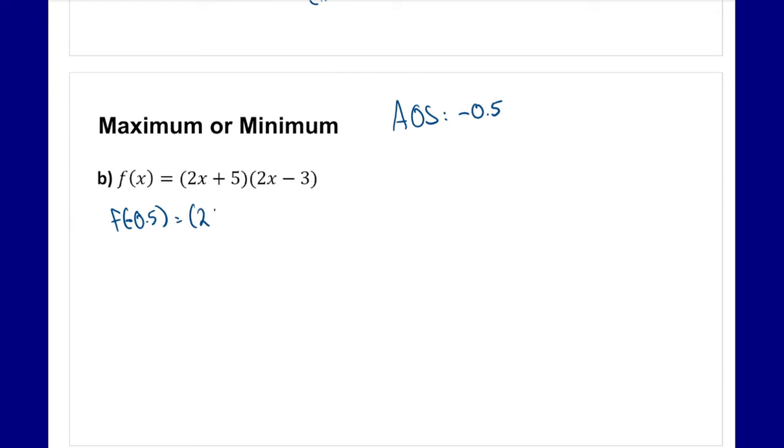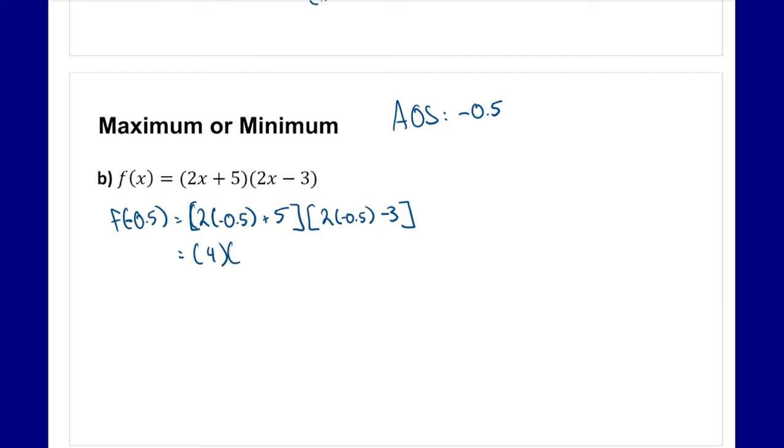So in this case, 2 times negative 0.5 plus 5, multiplied by 2 times negative 0.5 minus 3. A little bit more of a step involved here. So all we're going to do is go through and solve. 2 times negative 0.5 is negative 1, plus 5 is 4.